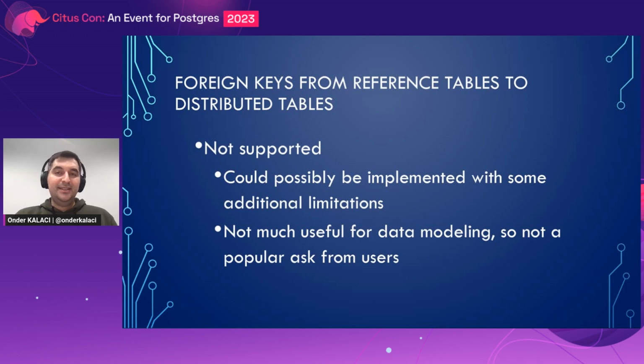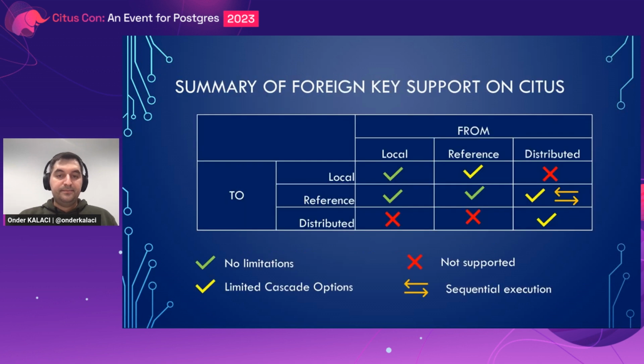So it really didn't get any attention from our users, and that's why we never prioritized enabling this kind of foreign key. That's why it's currently not supported. But if you are, for example, interested in this type of thing, you can go to Citus's GitHub page and maybe file an issue on that, so that maybe we consider prioritizing it.